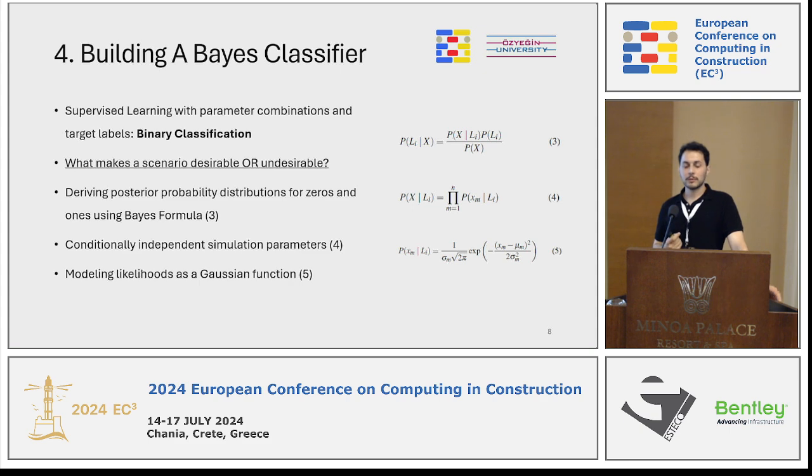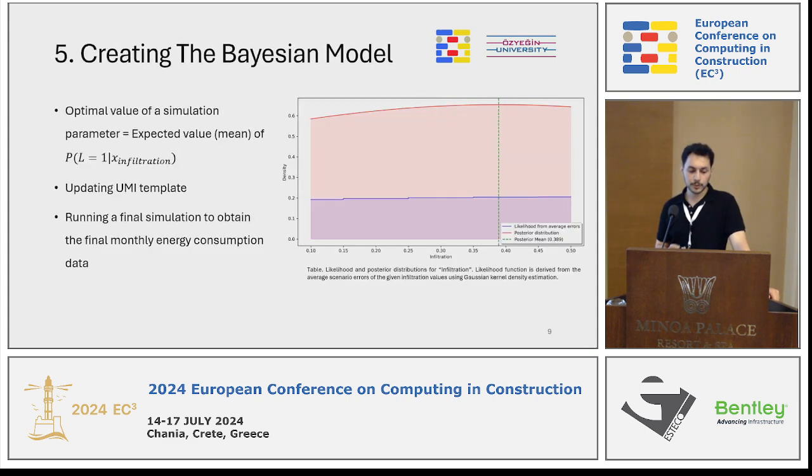This makes our model a naive classifier. So based on this, the likelihood becomes a multivariate likelihood, and the second assumption is that the likelihoods have a Gaussian distribution. So we model them as Gaussian probability distribution functions.